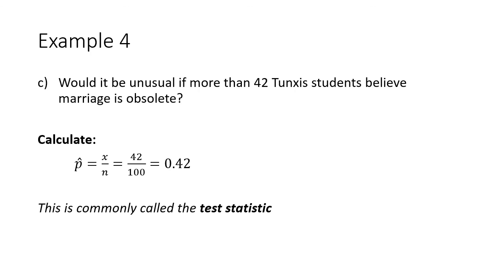This is commonly referred to as our test statistic, right? Because I'm trying to test whether or not my statistic is unusual or not. All right, so we're doing a test statistic. And again, p hat is absolutely going to be a statistic, right? Because it's just a sample. It's that 100 students that I asked.